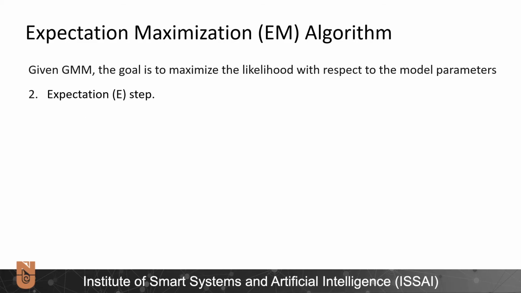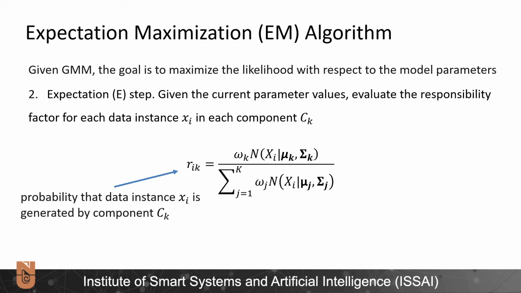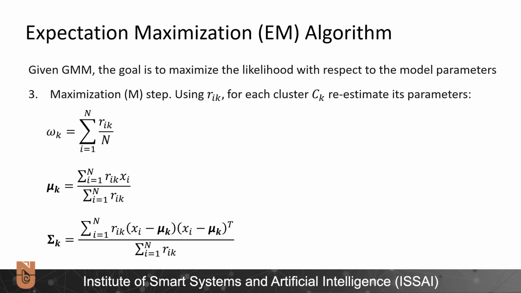The second step is the expectation step. Given the current parameter values, evaluate the responsibility factor R for each data instance in each component. This factor represents the probability that the data instance xi is generated by the component ck. The third step is the maximization step.